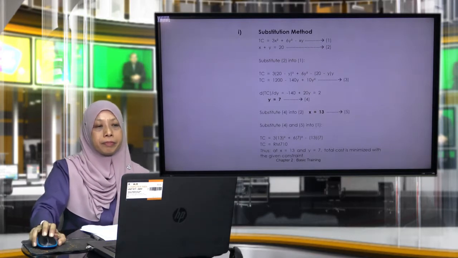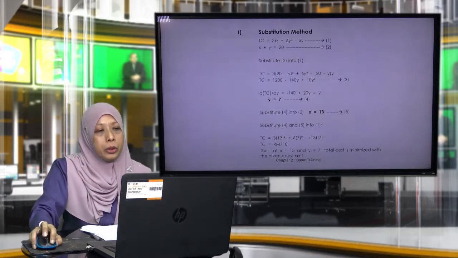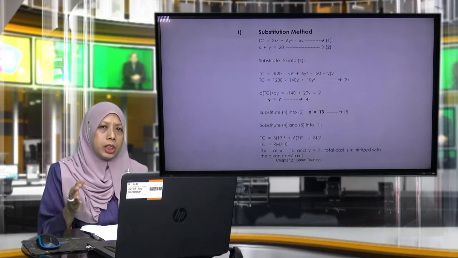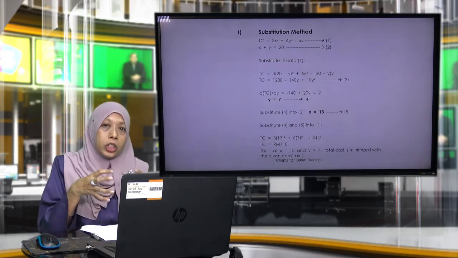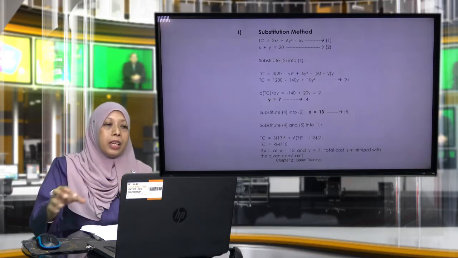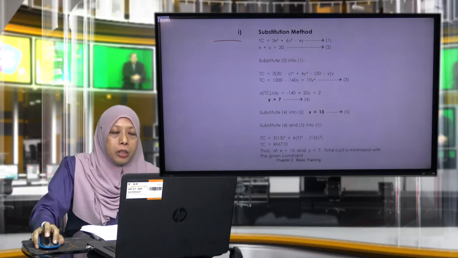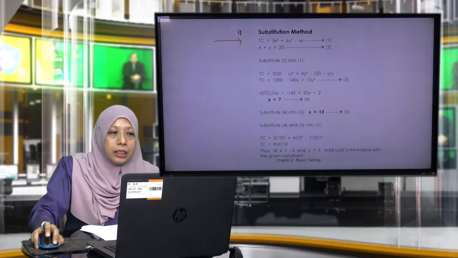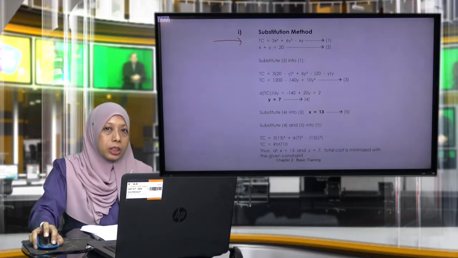When you use the substitution method, you need to incorporate the constraint into the main objective. Remember that your main objective is to minimize total cost, so your objective function is your total cost function.